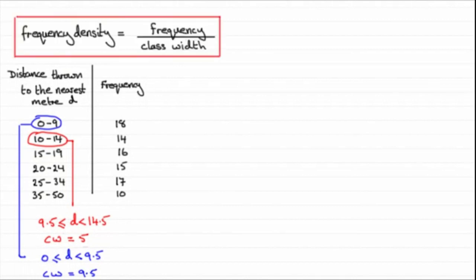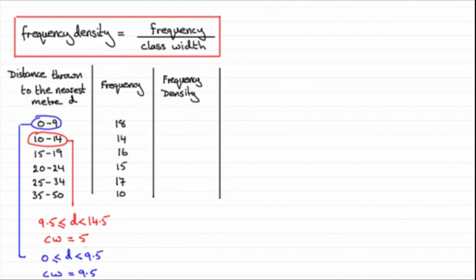It's called the frequency density. It's the frequency divided by the class width. We've got the frequencies down here, and I've shown you the class width on a couple of these. So we need to construct another column called the frequency density column.